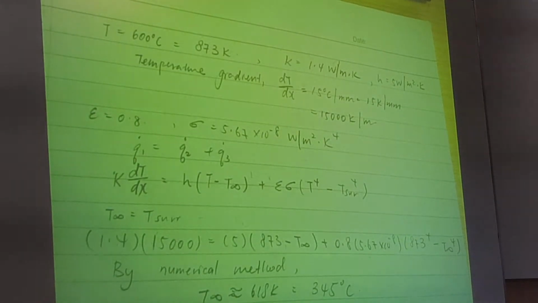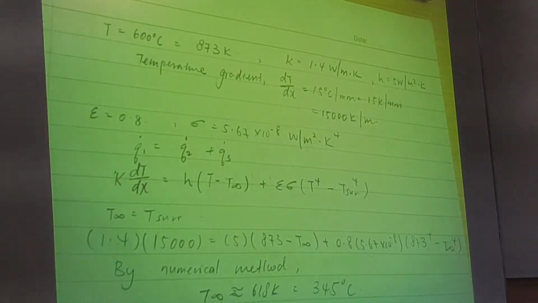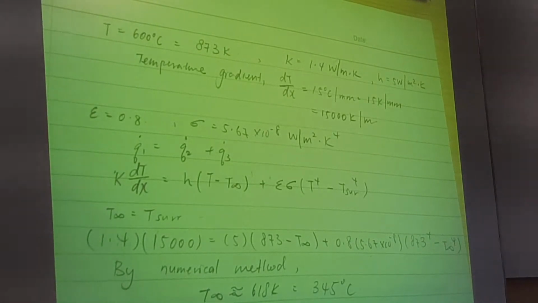But then the degree thing, the 15 degrees per millimeter. When you change to Kelvin, isn't it plus 273? No need, it's a temperature difference. Even if I change, I don't need to add the 273? No, because you add a constant value, then divide by something that doesn't change at all. Because it's dT over dx, the temperature change is delta T, and delta T doesn't matter whether it's degree Celsius or Kelvin, it's the same.